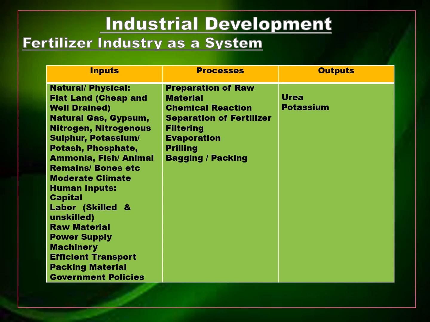Prilling is basically when the thick liquid is evaporated into a solid, then they make small ball-like structures out of it. Why? Because it spreads very easily and evenly over the crop, so that's why they make small balls of these fertilizers, and it is called prilling. Then it is packed, and the outputs are urea, potassium and other different fertilizers.